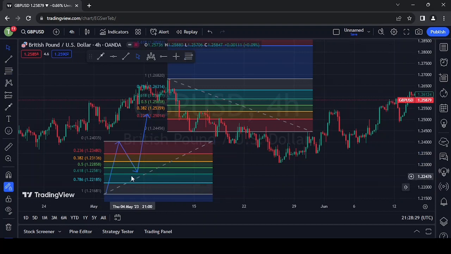Now you can see it retraced almost to the 61.8% before it continued higher. Now, for the expansion, you need to do this. You place your Fibonacci from the low of the pullback.